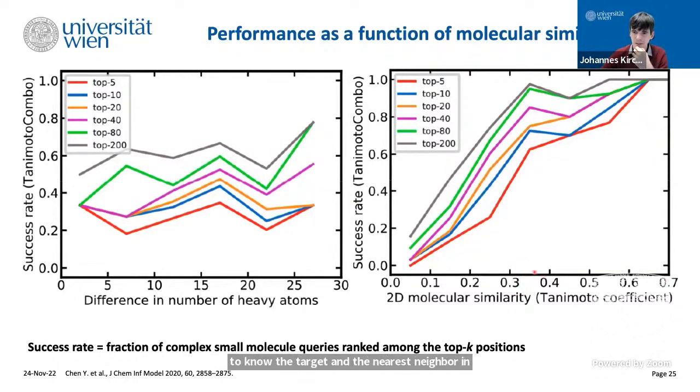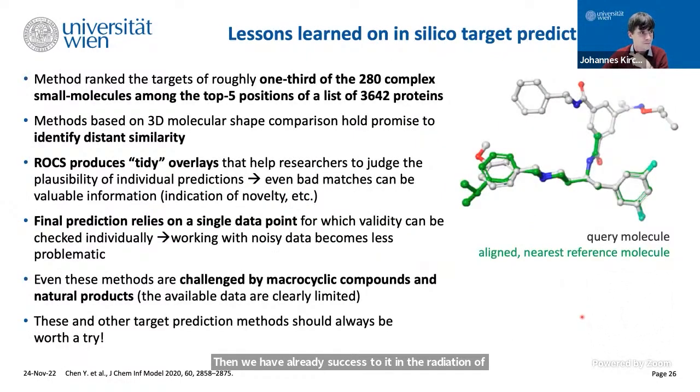And you see that even if the molecules are structurally very diverse, with a 2D molecular similarity based on fingerprints of only between 0.3 and 0.5, we already have a success rate in the range of 60 to 90% or so. So that's really a promising result.